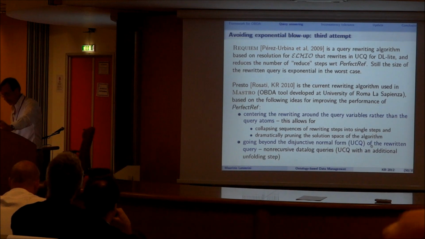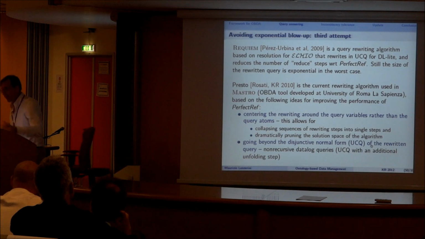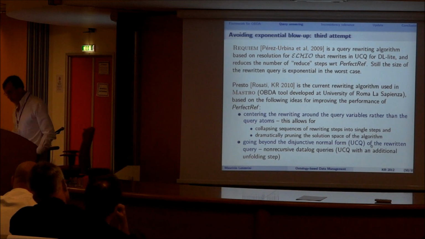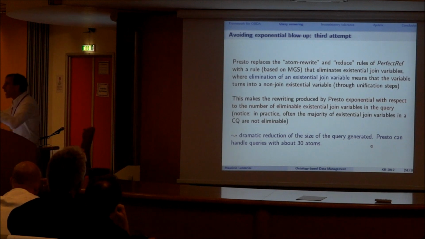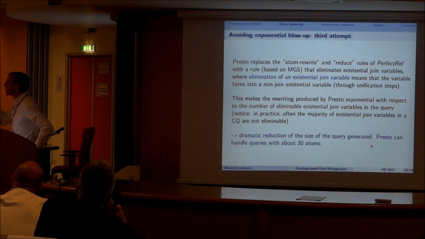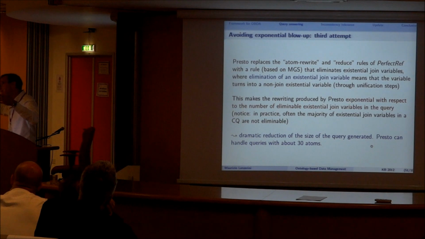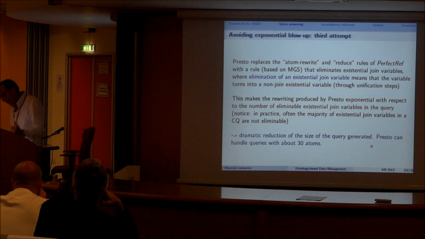There have been a lot of other approaches, for example Rosati with Presto. Presto is the algorithm that we now use in Mastro, and it is an improvement of perfect ref. Put briefly, the size of the rewritten query is now exponential with respect to the number of eliminable existential join variables in the query, not with respect to the number of atoms.